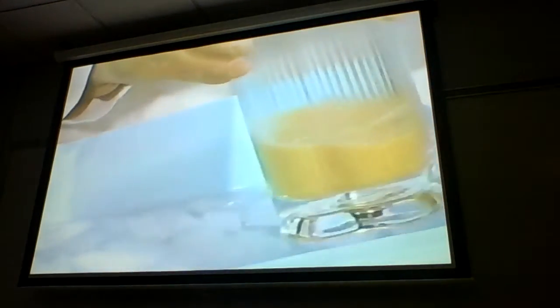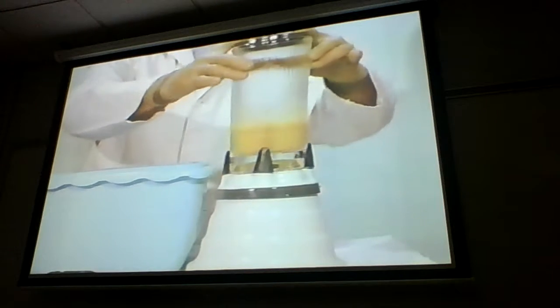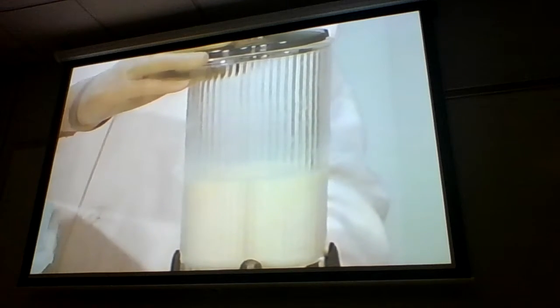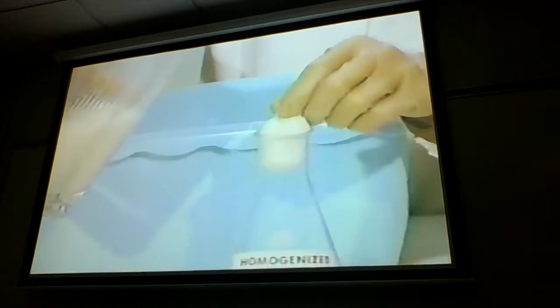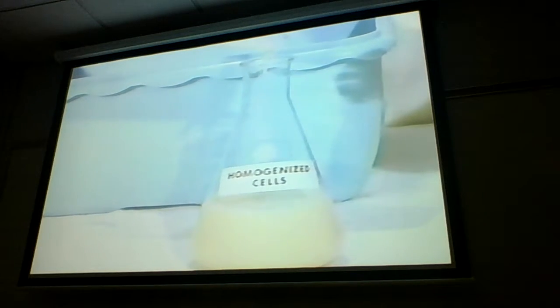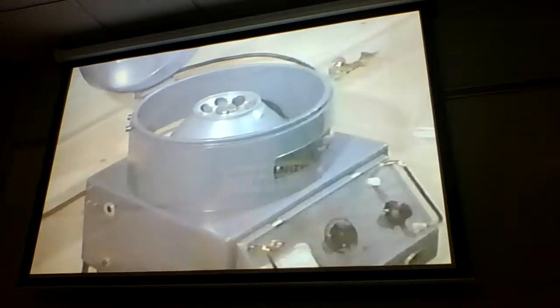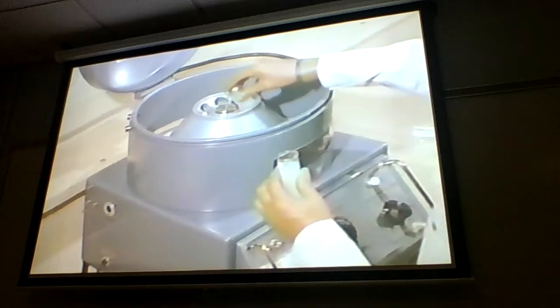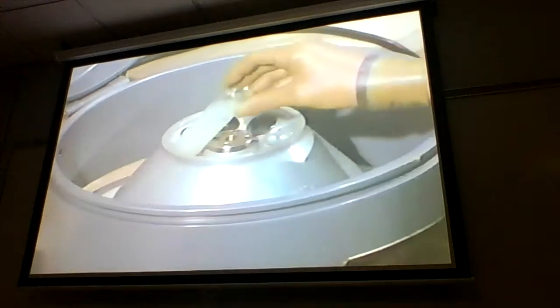This cell suspension is placed in a blender. The violent action of the blender fragments the cells to facilitate dissolving DNA. After storage overnight in a refrigerator, the DNA dissolves, and then the solution will be spun very rapidly in a centrifuge.